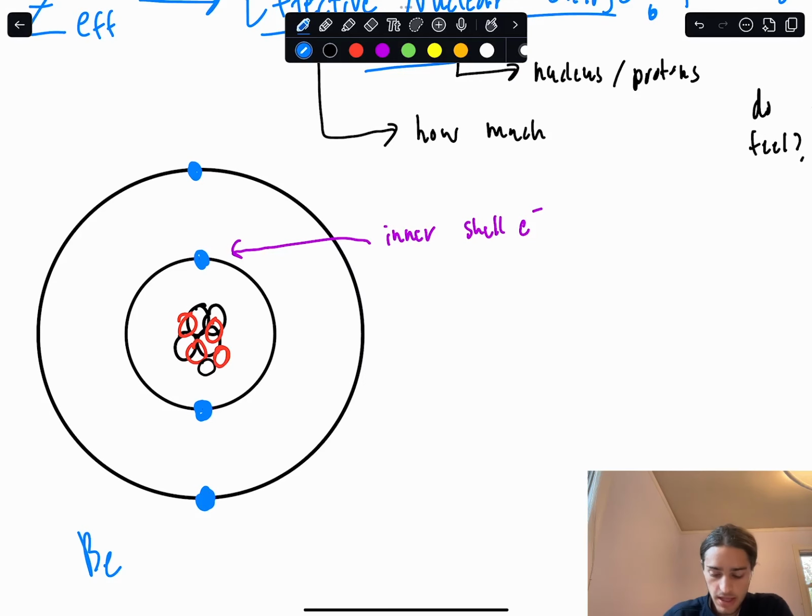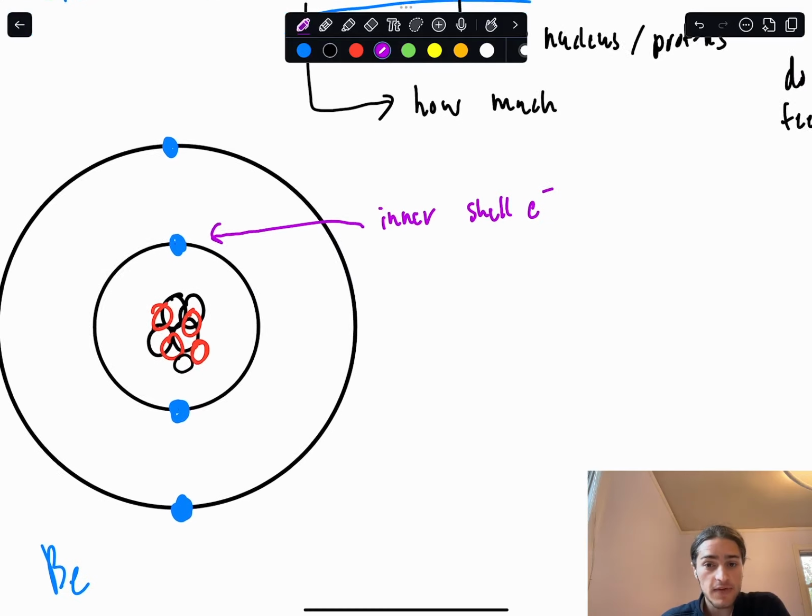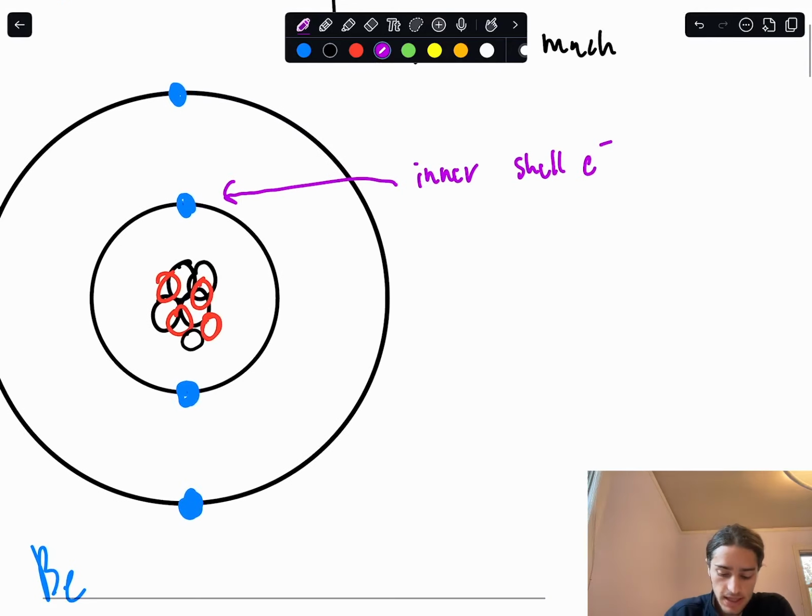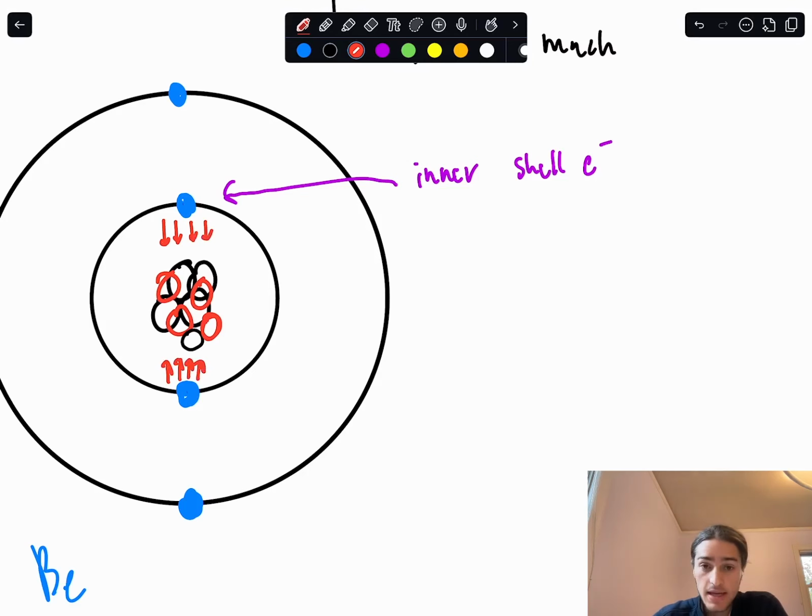So let's see how much proton force the inner shell electrons feel. An inner shell electron is going to feel the pull of these four protons, so I'm going to draw four arrows showing that. And that would be the inner shell electron's effective nuclear charge.